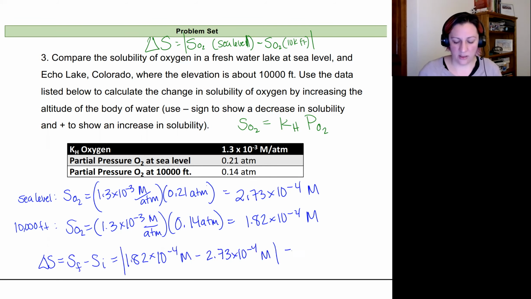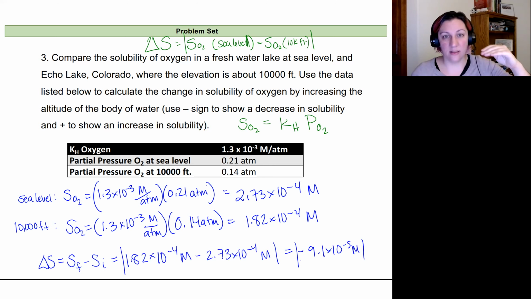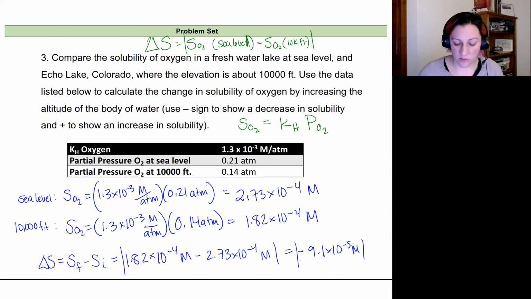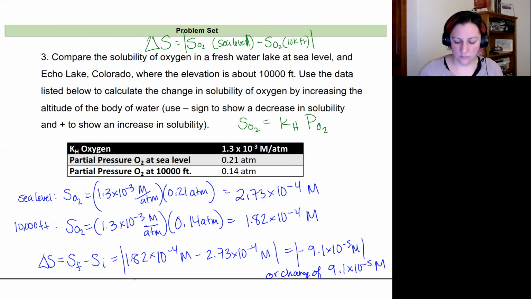I'm going to get a value that's negative 9.1 times 10 to the negative fifth molarity. So that means it's going to decrease the solubility as we go from sea level up to 10,000 feet elevation. You could also just report this as a change of 9.1 times 10 to the negative fifth.